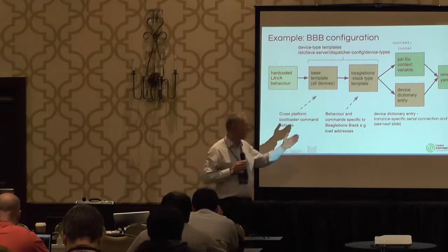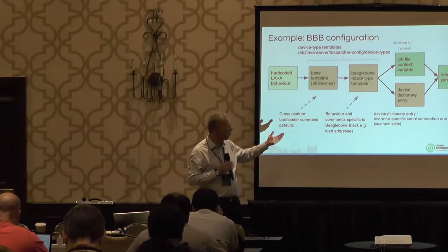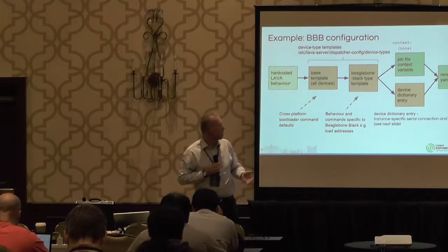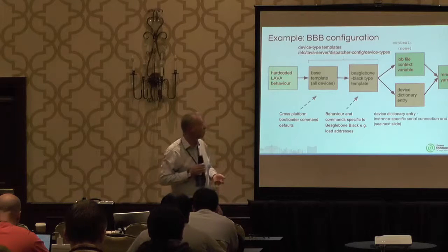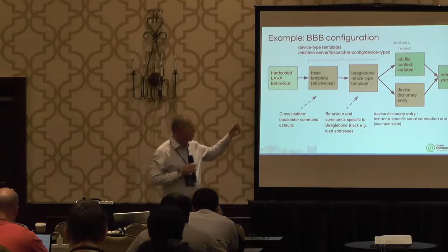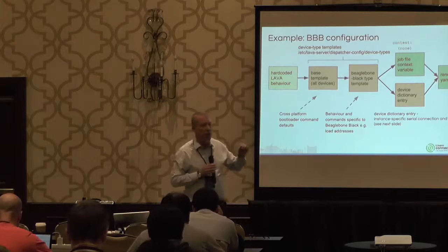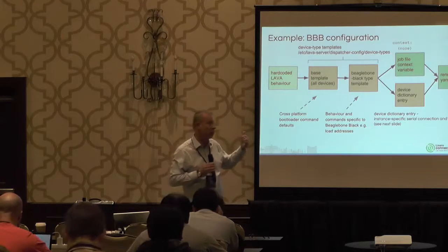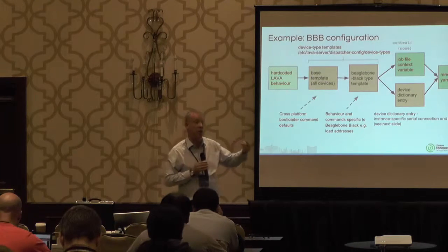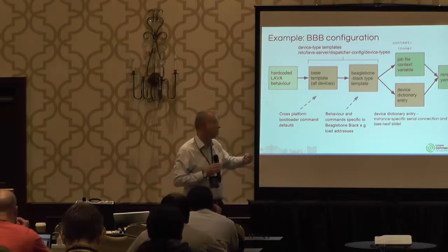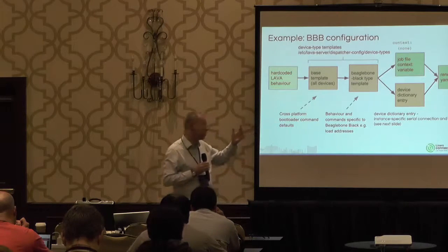But then things like load addresses, which are specific to BeagleBone Black, reside in the BeagleBone Black type template. And then in the device dictionary entry, the device specifics, as I mentioned on previous slides, things like serial connection and power control coordinates. And in the job file, nothing specific.